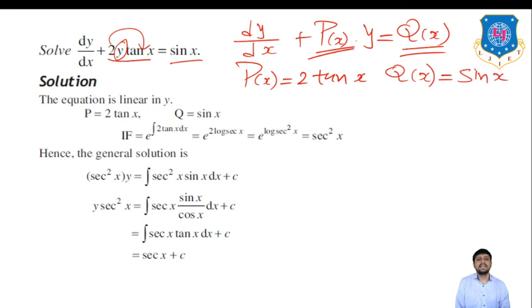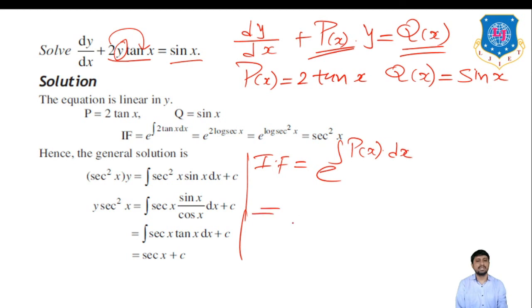Now I want to find the integrating factor first. The integrating factor is e raised to the integral of p(x) dx, that is e raised to the integral of 2 tan x dx.